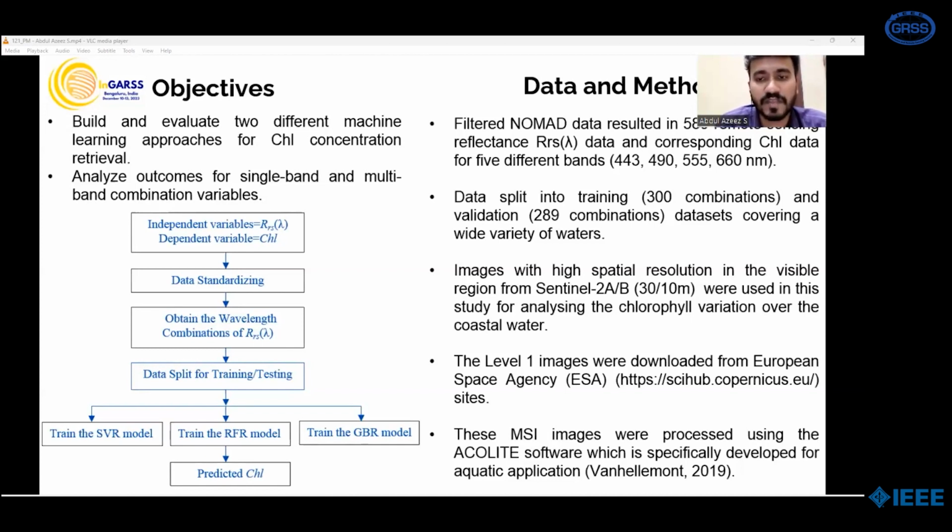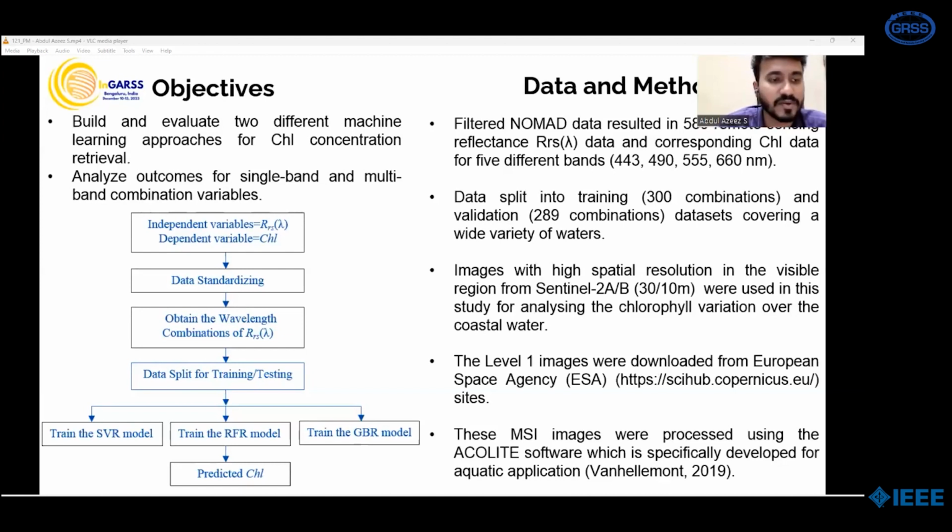We have also downloaded mainly Sentinel-2 A and B satellite images with spatial resolutions of 10 meter and 30 meter. These images are level 1 imageries, and we have used atmospheric correction software.